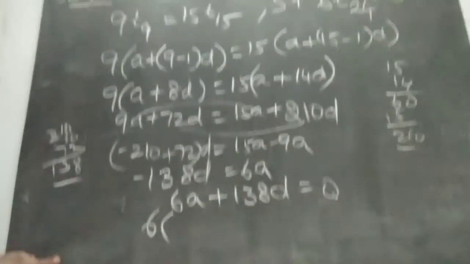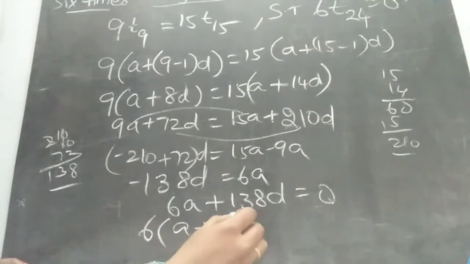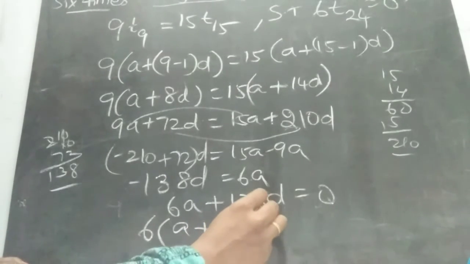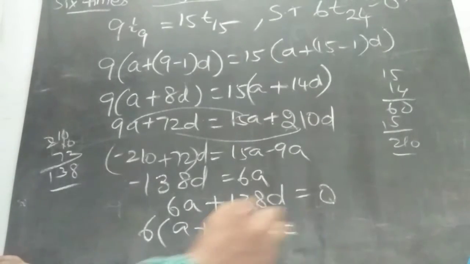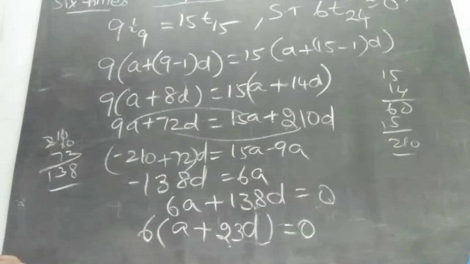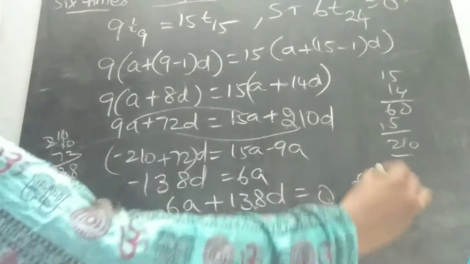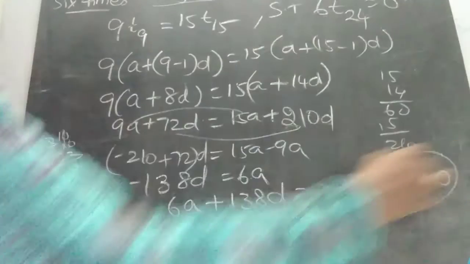What will you get? 6 times A plus 23D, since 138 divided by 6 is 23, which is equal to 0. Now A plus 23D, which term is it? The 24th term. So 6 times T24 is equal to 0. That is what you have to prove.